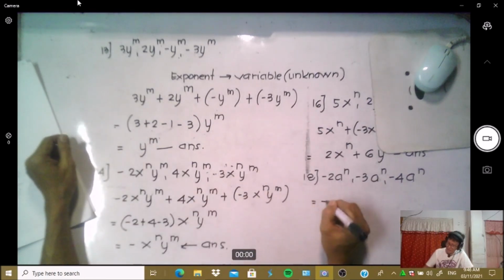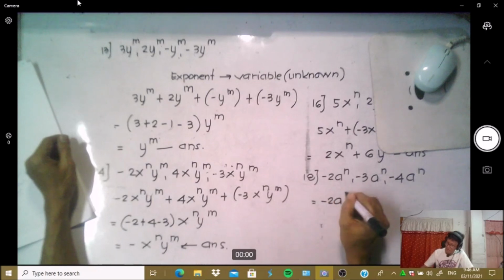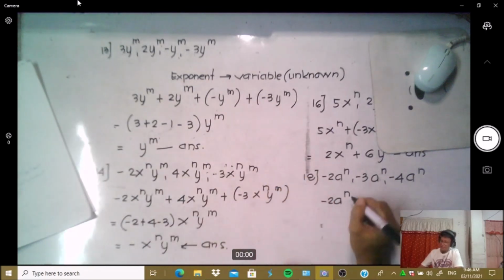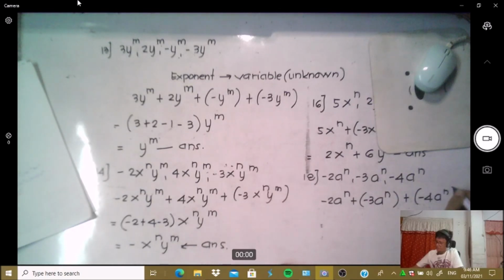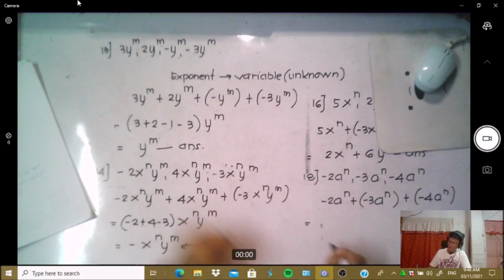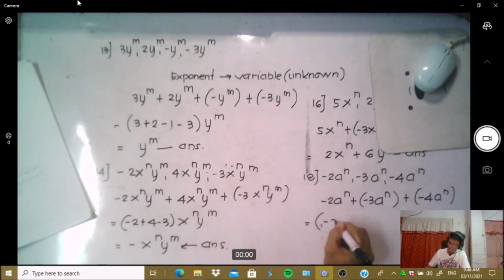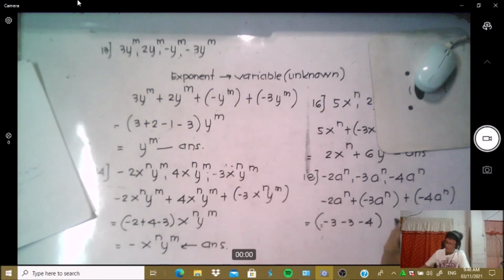So we have negative 2a raised to n, then plus negative 3a raised to n, then plus negative 4a raised to n.